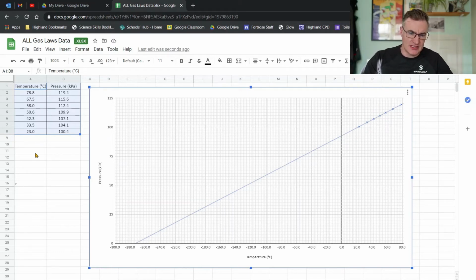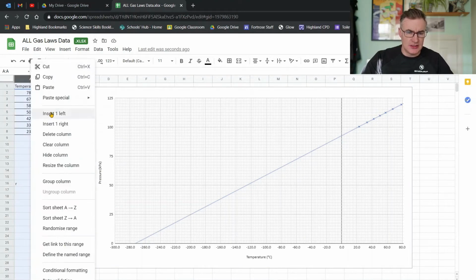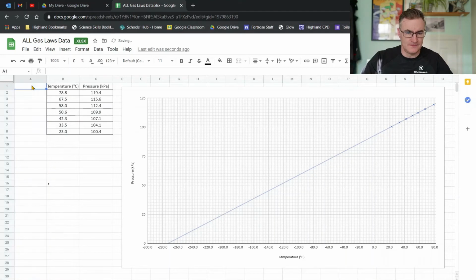But let's go do that anyway, let's insert a column, and then we'll do a copy here, but instead of this we're going to have Kelvin.